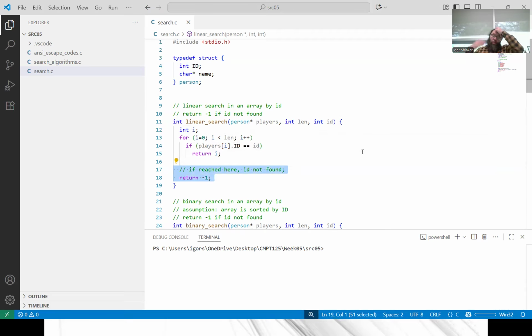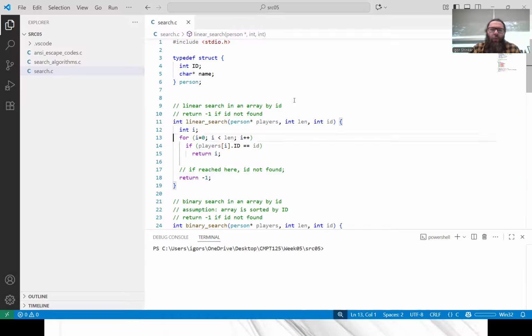And if we iterated through all the elements and didn't find the ID we're looking for, then we simply return -1. Why -1? Because we need to return some int, and we don't want it to be 0 because 0 is an index in the array. So we either return the index where the ID is found, or we return -1 if we didn't find it.